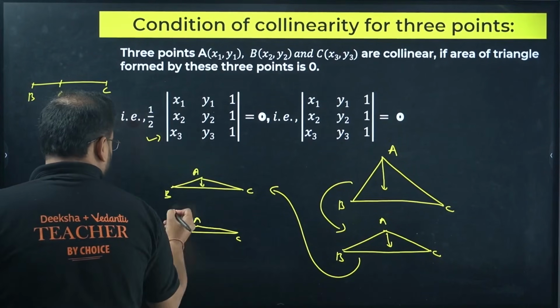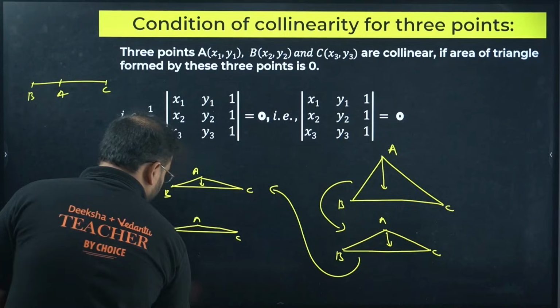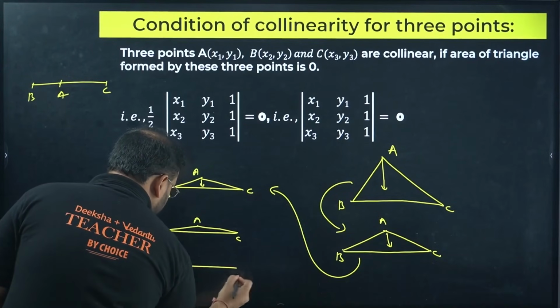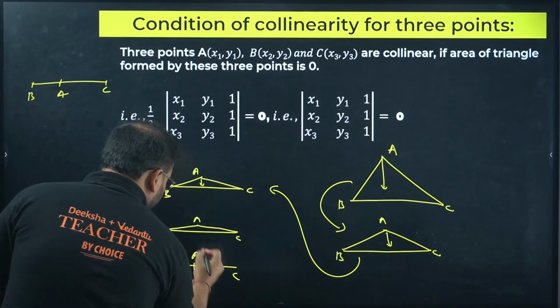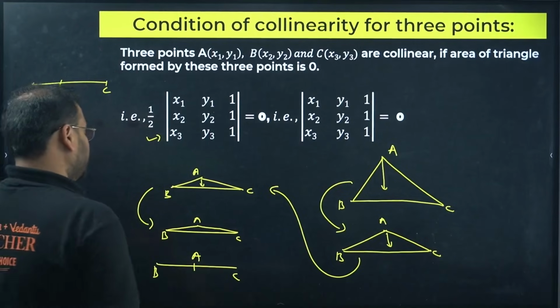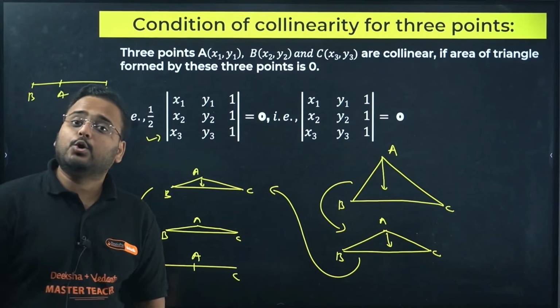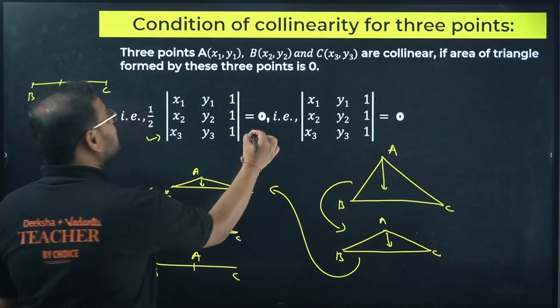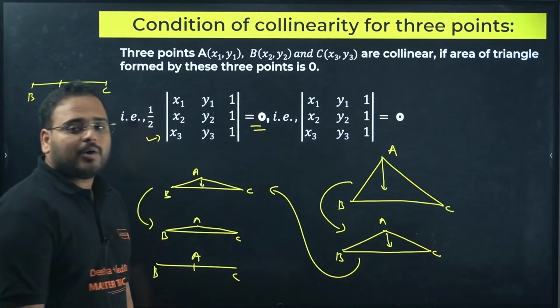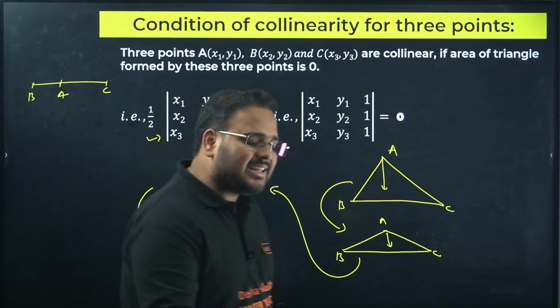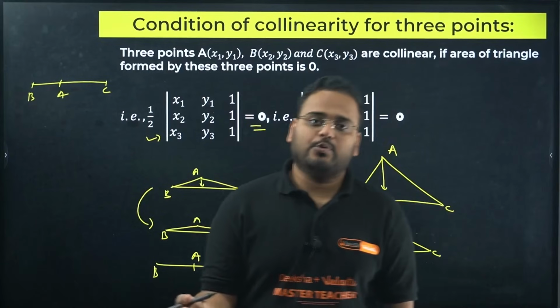If you continue like this, you'll end up with the line BC and the point A on it. So there comes a position where the triangle actually has no area, or zero area. Whenever they talk about collinear points, we take them as a triangle with zero area.